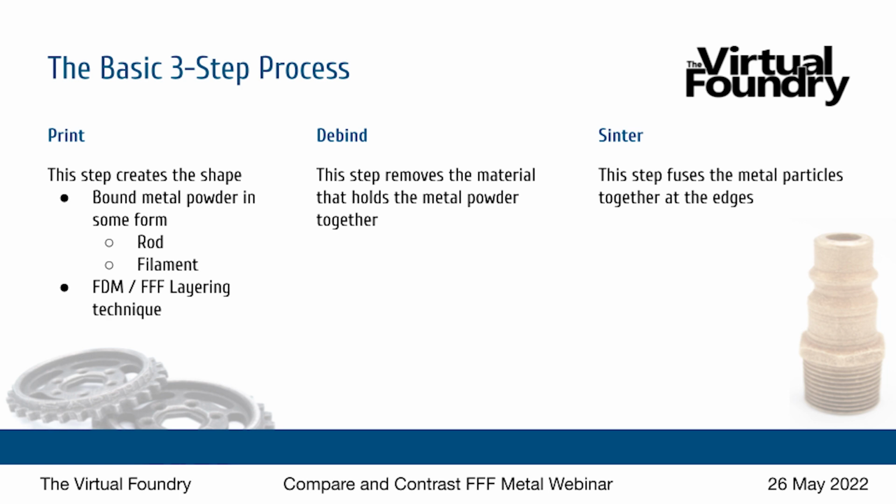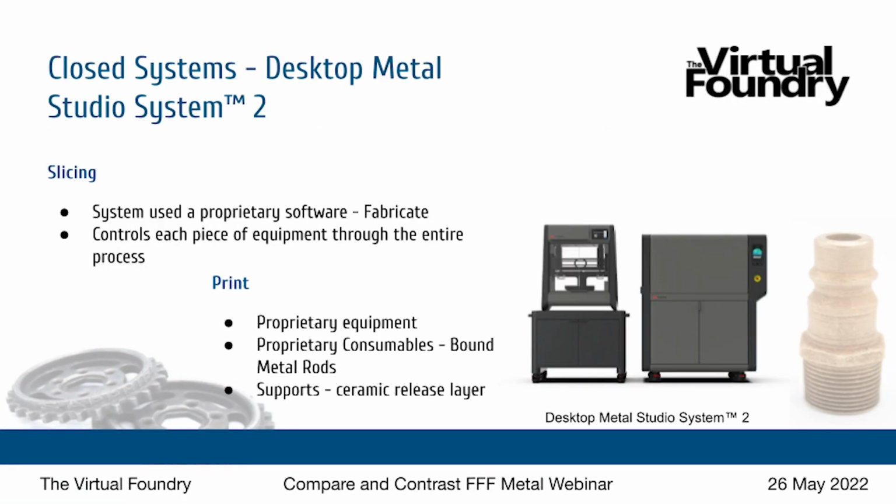So there's a debind step included in all the processes we're going to be talking about today. And then there's the sinter step. This step fuses those metal particles together at the edges to give you a full metal object at the end.